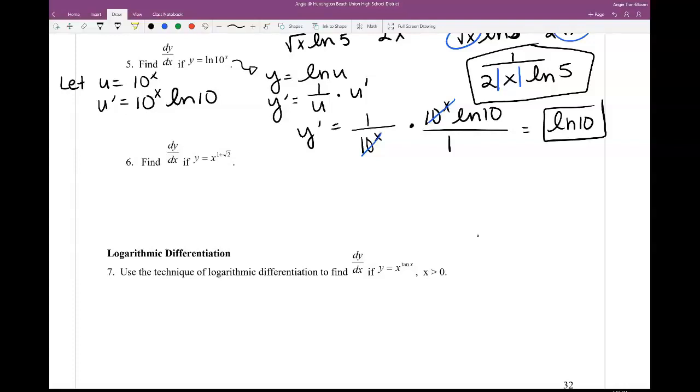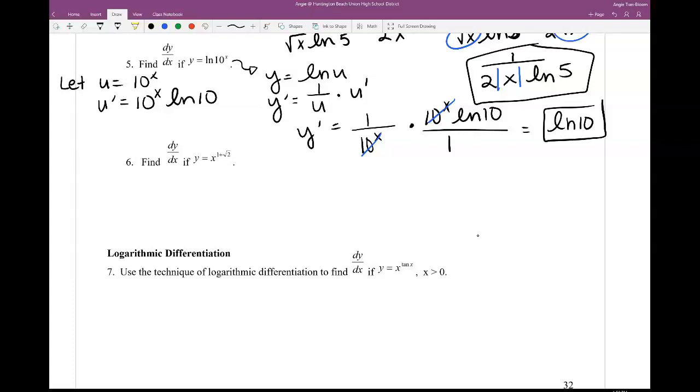It's 1 plus square root of x. Okay. Now, this one, even though it looks really scary, out of all the questions that we have done in this 3.9 section, this one's the easiest one. It looks like it might be an exponential, but it's not an exponential. An exponential means that the exponent has to be a variable. But this one, the exponent is not a variable. It's just a power. It's a constant.